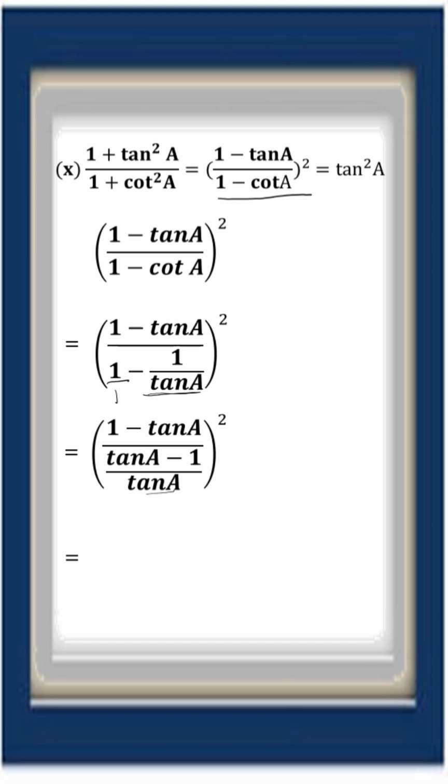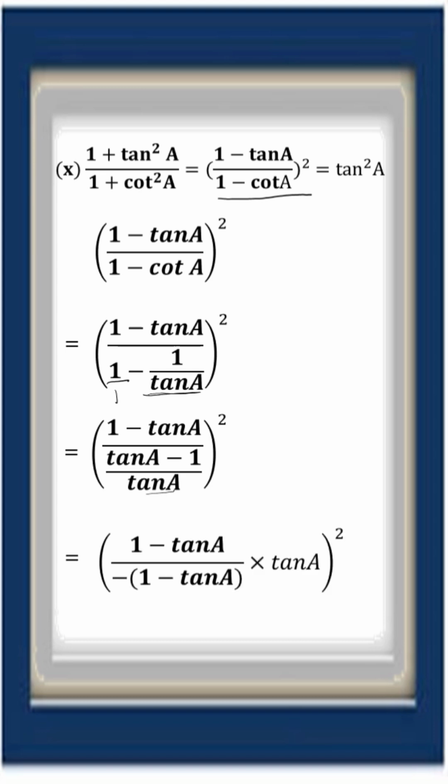So this is equal to what? Square will be there. The simple thing here is that we have taken the negative sign outside the bracket, then it becomes 1 minus tan A.